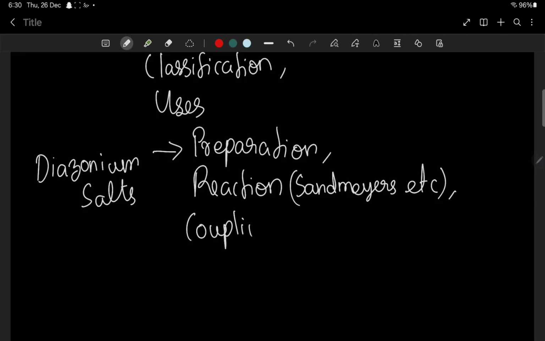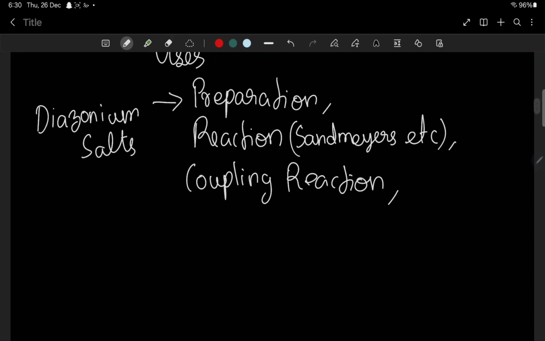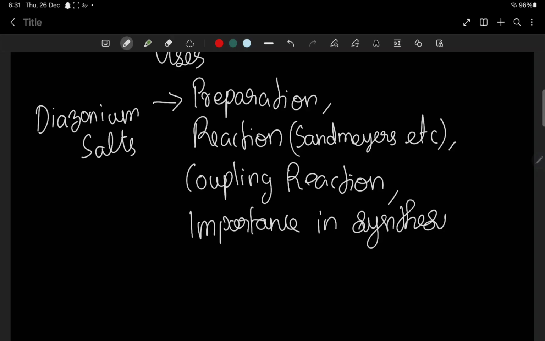That's the most important in diazonium salt. Then we have importance in synthetic organic chemistry, that is preparation of dyes and all. Example, that is same as coupling reaction, but it's told in the syllabus. So this is what is there.